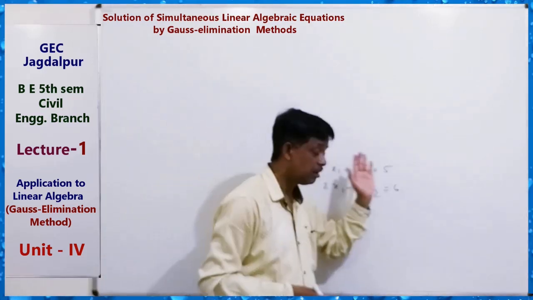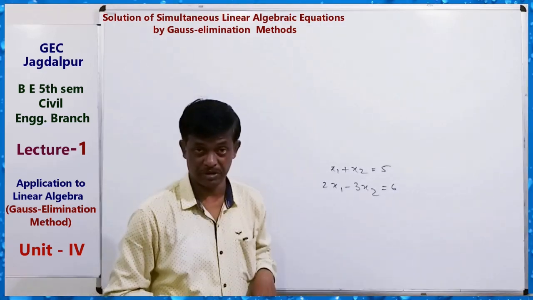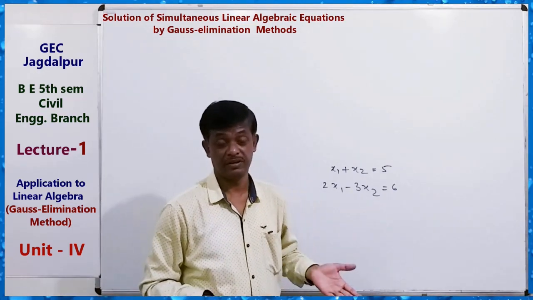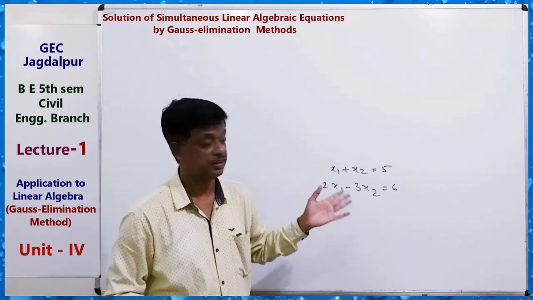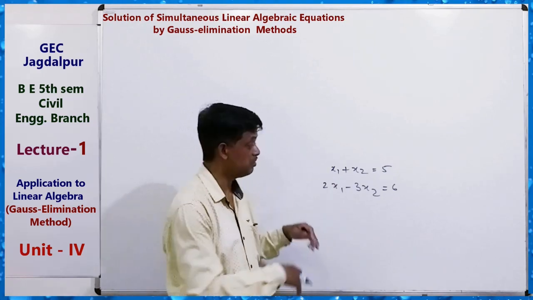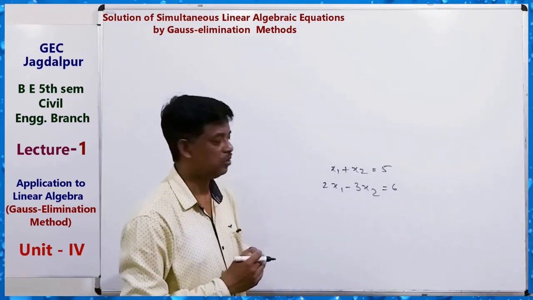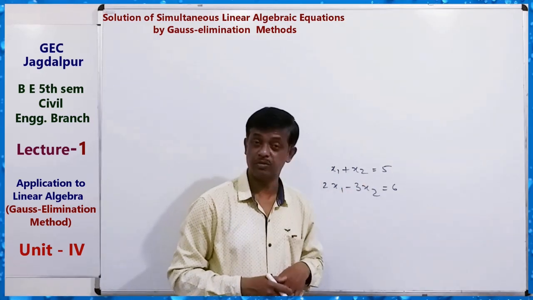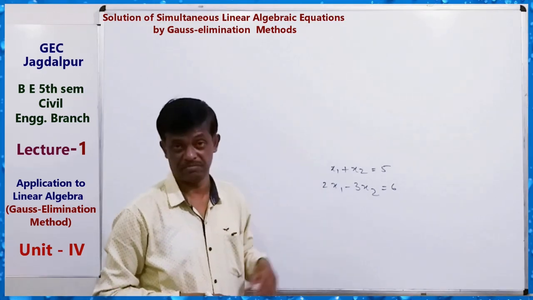When the number of unknowns and equations is large, solving by the matrix method is very tedious and we cannot solve it easily. So numerical solution means there may be any finite number of unknowns and equations, and we can get a numerical solution of that system.